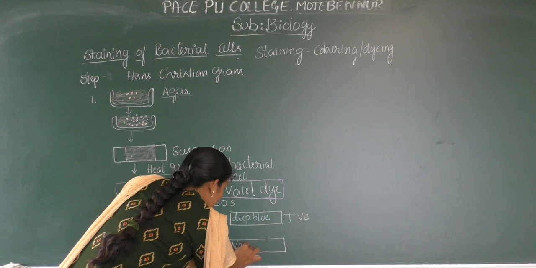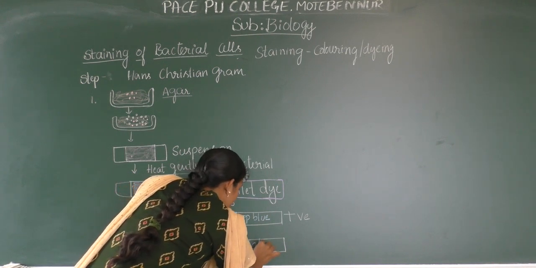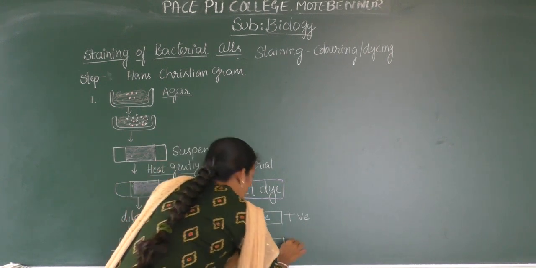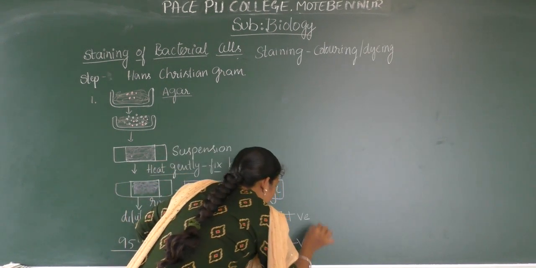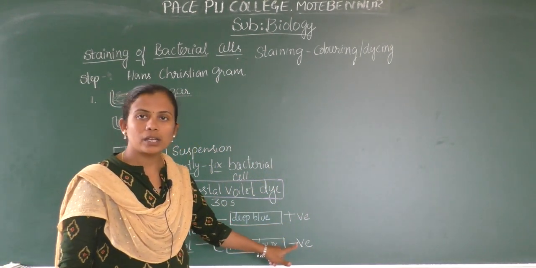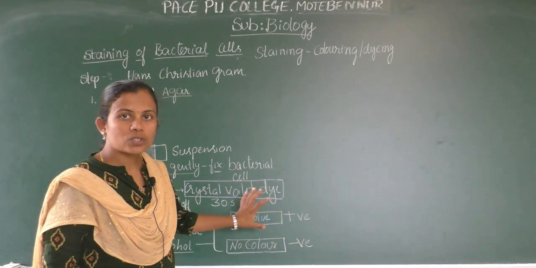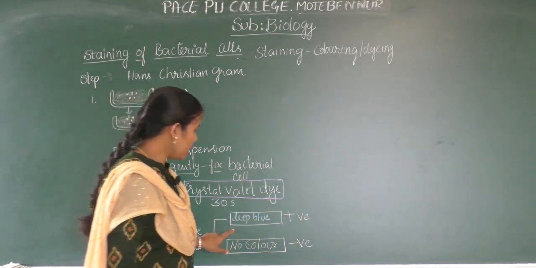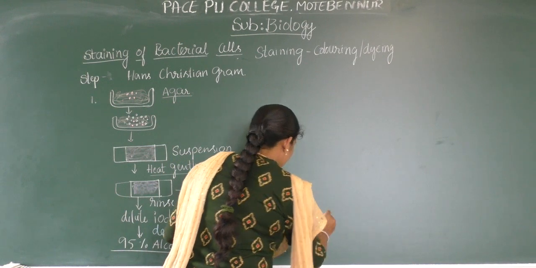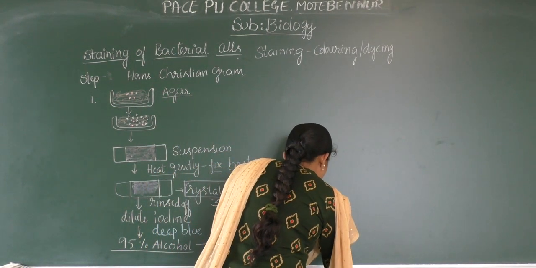No color or decolorization is observed, and these cells are said to be gram negative cells. These are the types of bacteria you are going to study in this session. So the deep blue color containing gram positive cells, example is Bacillus.